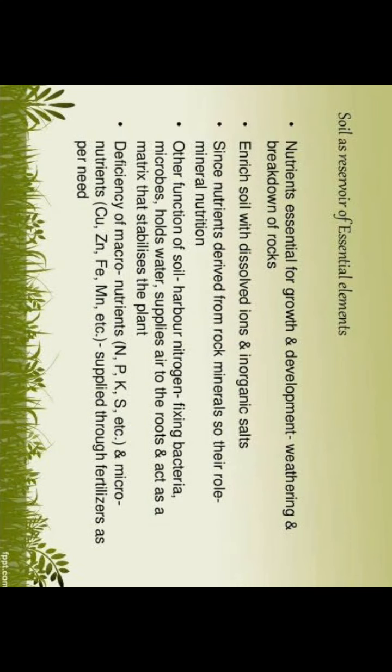Since the deficiency of essential minerals affects the crop yield, is it clear? So what did I say here? The deficiency of minerals affects the plant yield or crop yield.